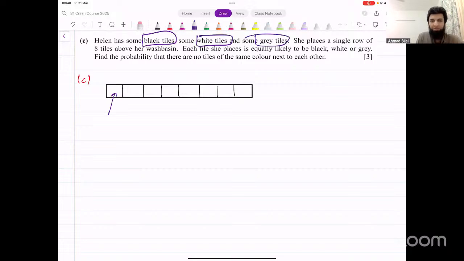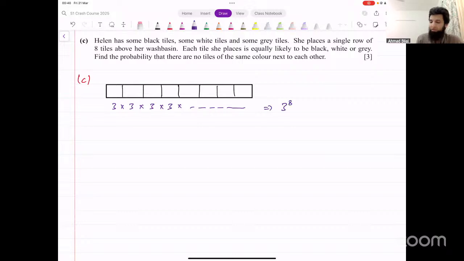These are the 3 possibilities. And it's the same for each box. 3 options for the first one, 3 for the second, 3 for the third, 3 for the fourth. And that gives us 3 power 8. That's the total arrangements without any restrictions.